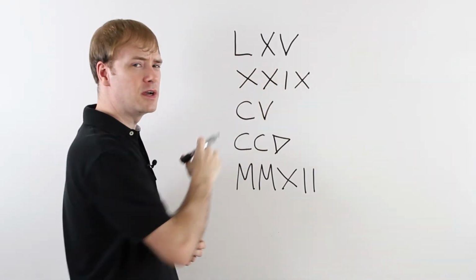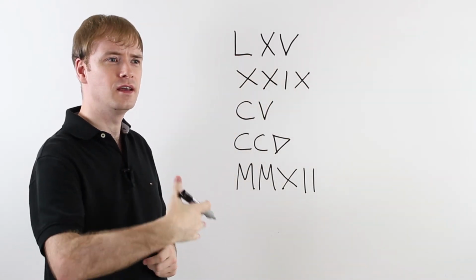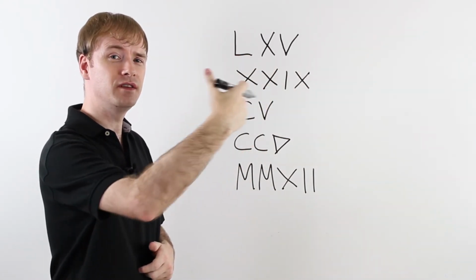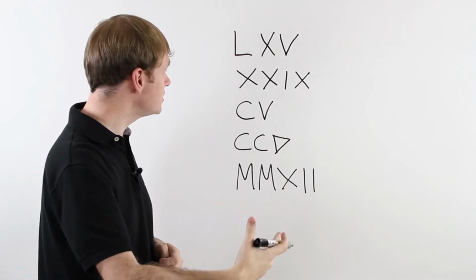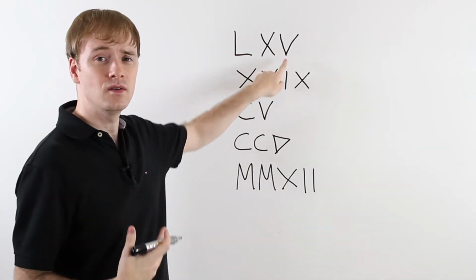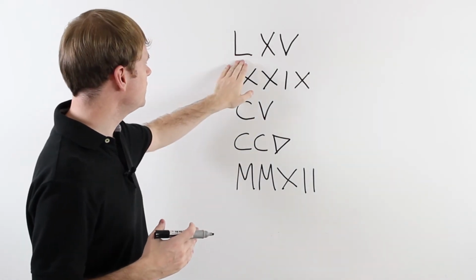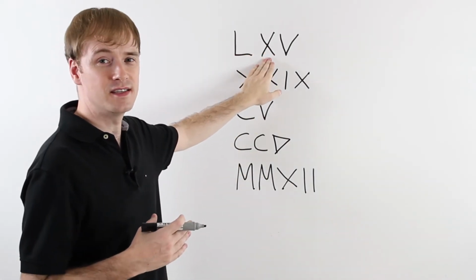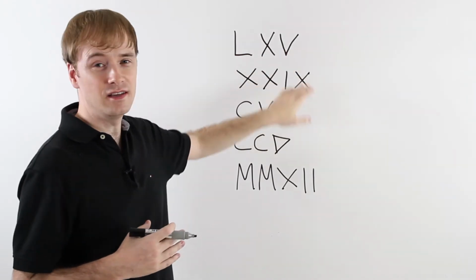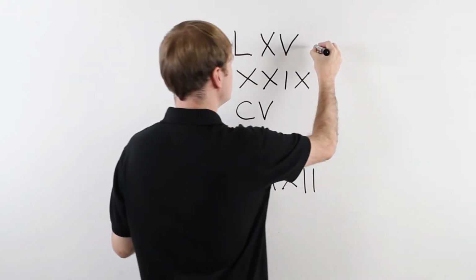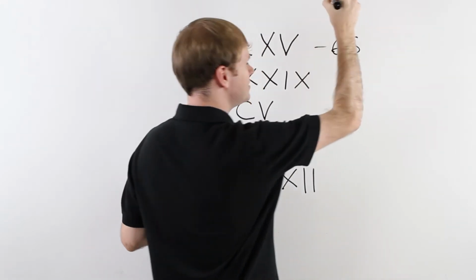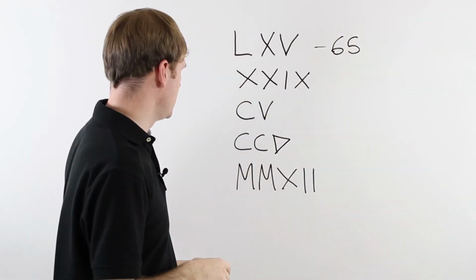Oh, but it's followed by X. So 50 and X is 10. So 50 plus 10 is 60. And V, what is V? V is 5. So 50 plus 10 is 60 plus V is 5. So this is going to be 65.